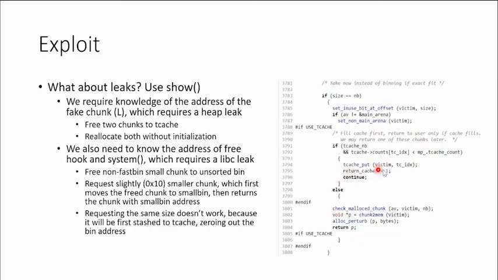And this is a problem, because when we do that, the Tcache will either write it with a 0, or if there's already things in the Tcache, then it will write it with the heap address. But this will basically overwrite the libc small bin address that we wanted to leak in the first place. And again, this can be avoided just by requesting a slightly smaller chunk. That way we force the binning and prevent stashing to the Tcache.